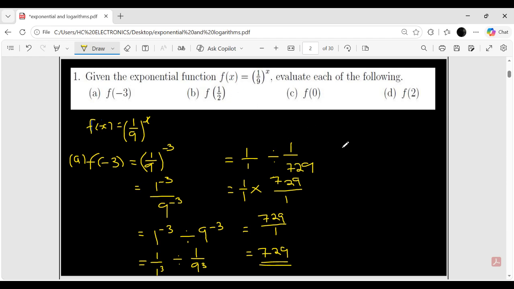Okay, our B here is, so for B, we have a function f of x, which we've written here, is equal to, open brackets, 1 over 9 to the power x.